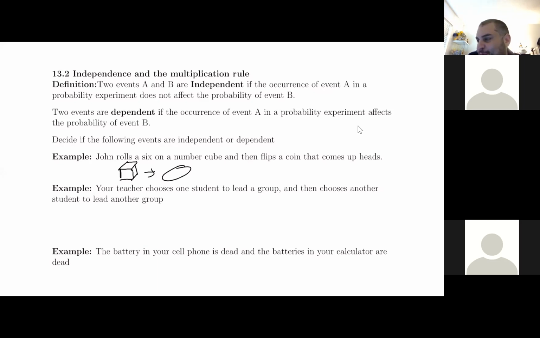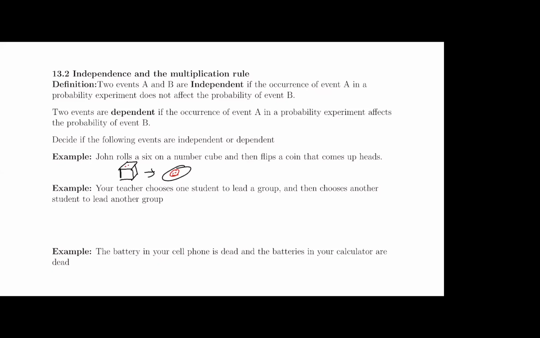So say the die landed on 2. And then when they flipped the coin, it landed on, we'll say, heads. The fact that the cube landed on 2, does that affect the coin from landing on heads? No. So since it doesn't affect it, we're going to say these are independent.